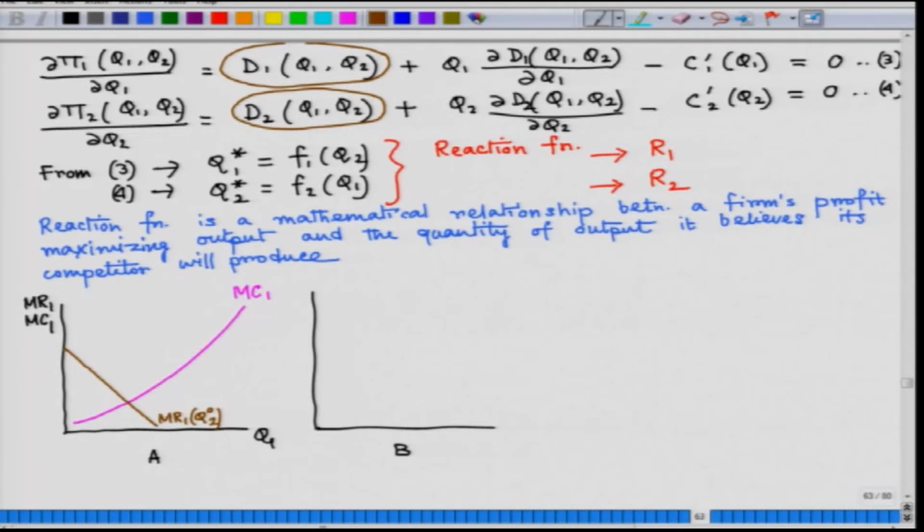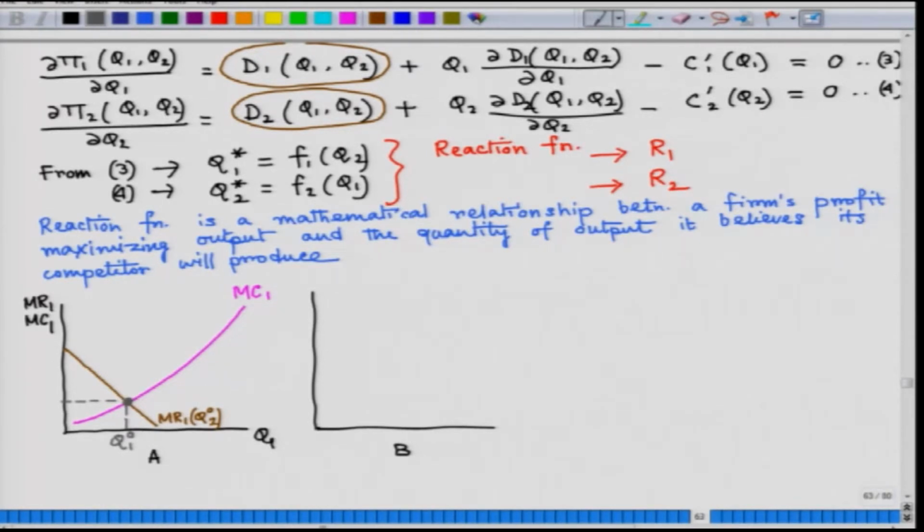Okay. So, if the duopolist behaving like a monopolist assumes that its competitor is going to produce and supply Q2 naught level of output in the market, then it finds its equilibrium at the intersection between this conditional marginal revenue curve and the marginal cost curve, right, and finds the profit maximizing level of output, denoted by Q1 naught.